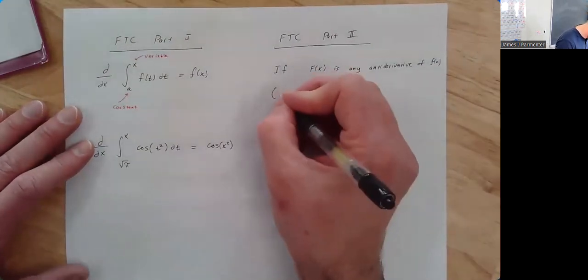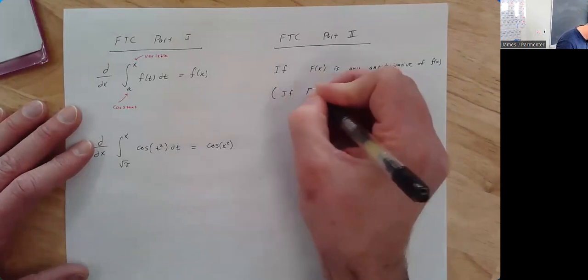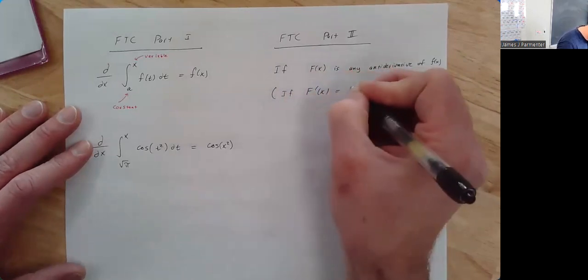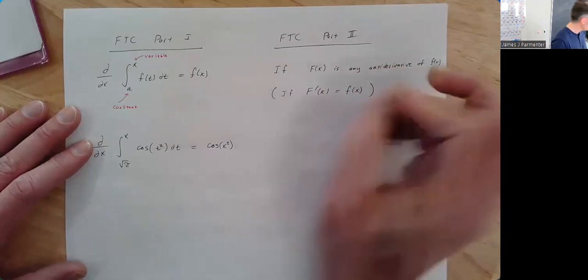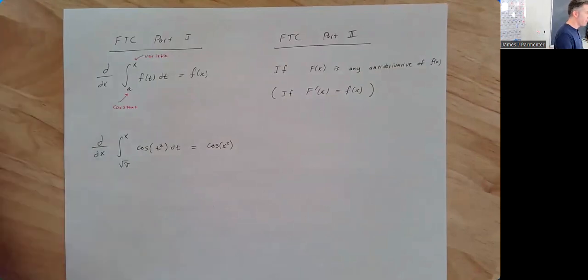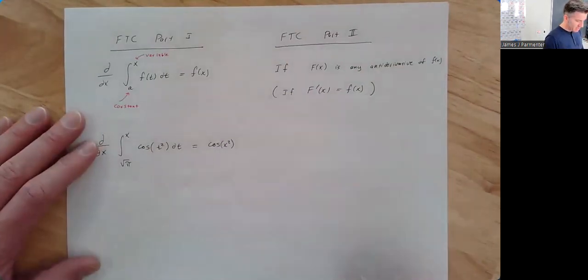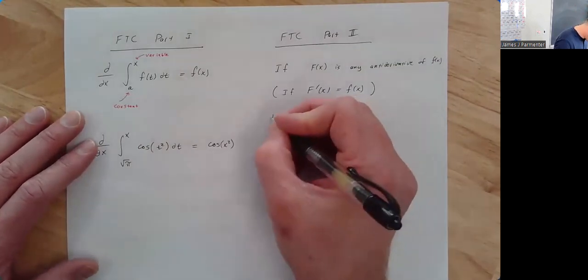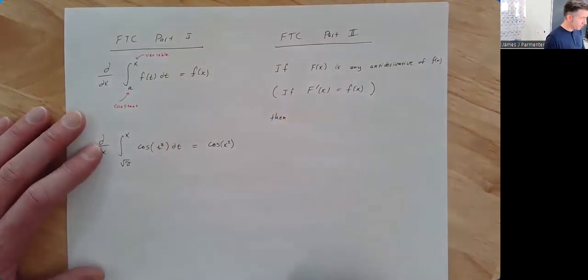We could say if the derivative of capital F is equal to little f. That says the same thing. Capital F must be an antiderivative of little f if its derivative is equal to little f. So if that's the case, then we can say the following.